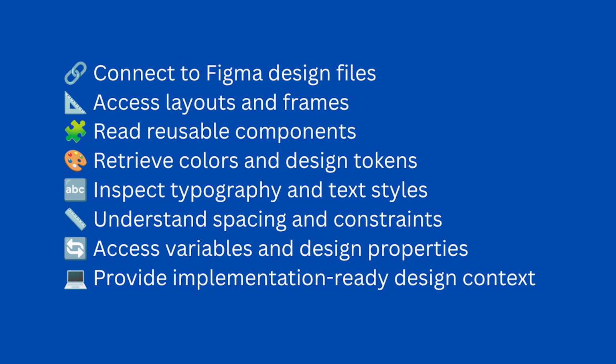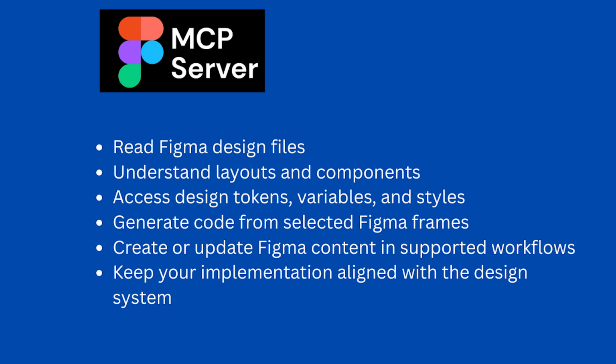Instead of relying on screenshots or manually inspecting designs, your AI can access structured design information such as layout, components, variables, spacing, typography, and colors. With the Figma MCP Server, you can read Figma design files, understand layout and components, access design tokens, variables, and styles, generate code from selected Figma frames, and create or update Figma content in supported workflows.